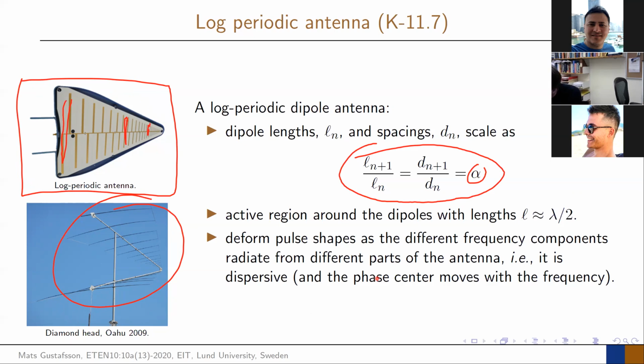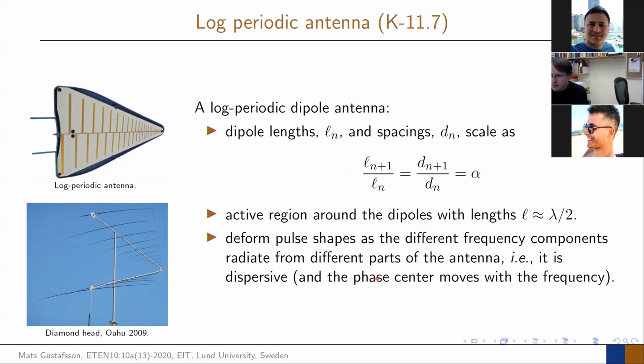You can see there is a spacing here, there is a different spacing here, and so on. And the lengths that sit here, these are of course the lengths of the different elements. They are always changing a little bit when you go from one to the other. And if you do that, you get what's called a log periodic antenna. So that's basically the definition of making a log periodic antenna.